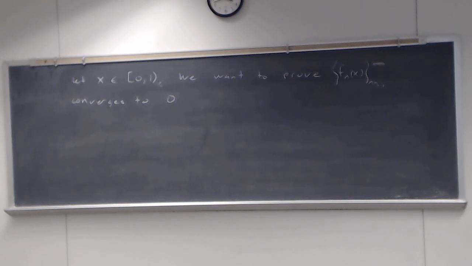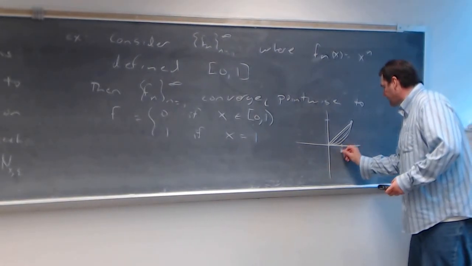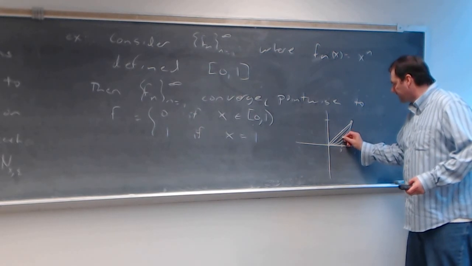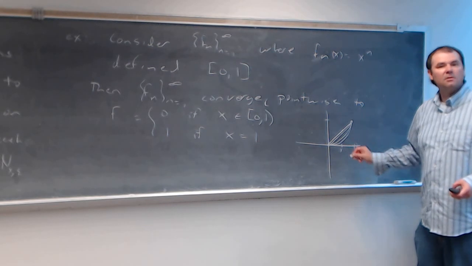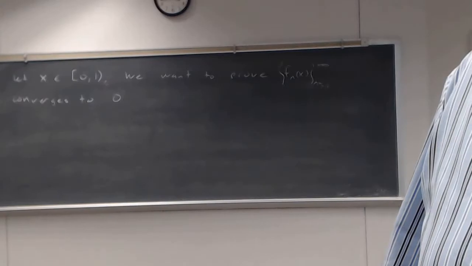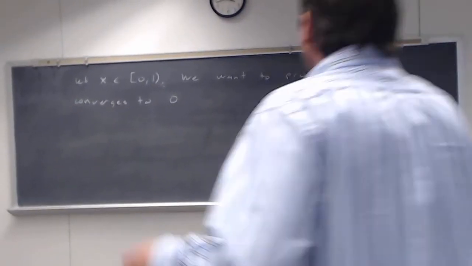Even though I don't have the camera moving with me over here, I never hold it. When I look at this and I fix some x, and you look at f sub 1, then f sub 2, then f sub 3 of that x, and f sub 4 of that x, what are they going towards? 0. That's the idea. Is that okay? Sorry if I'm going too slow. Okay, how do I show this?